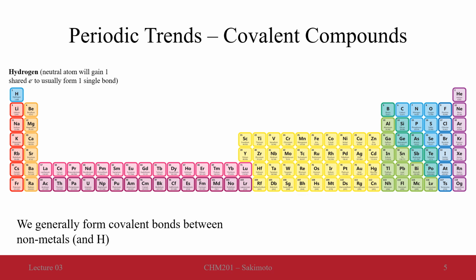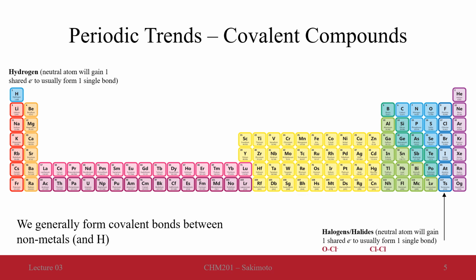Depending on the instance, sometimes it will lose 1 electron to be a +1 cation, like sodium, like potassium. But as it must share electrons with certain elements with similar electronegativities, hydrogen will want to gain 1 shared electron, so it typically forms just a single bond. Very rare, nearly impossible to form more than 1.